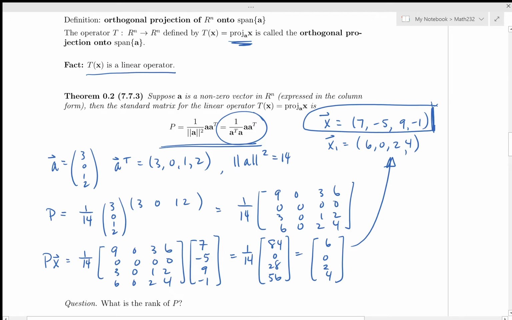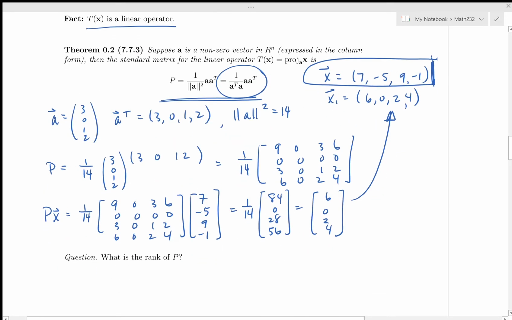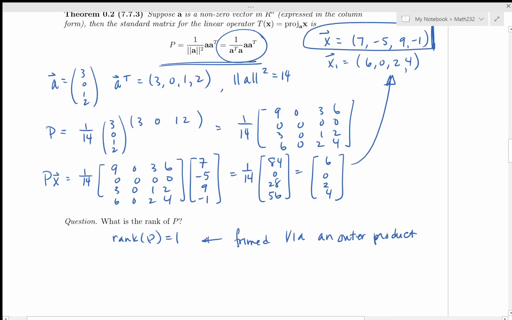Now next question: what is the rank of P? It should be fairly obvious. The rank of P is 1. First of all, it was formed via an outer product. And even if you forgot that, you can see by the way that P is formed that each row of P is a linear combination of this vector.